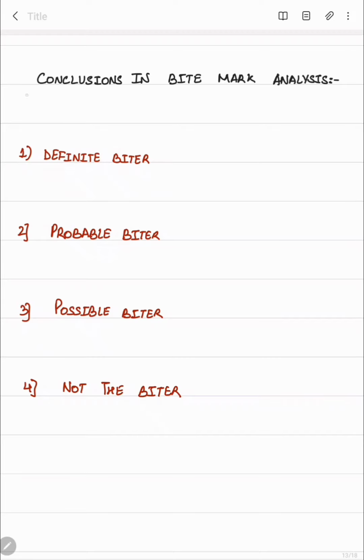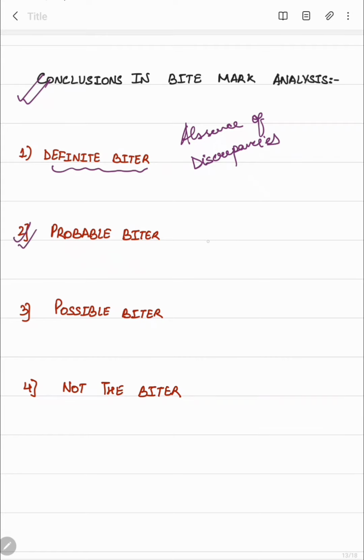Now the conclusions in bite mark analysis. There are 4 conclusions. The first one is definite biter. In this case, there are characteristic matches between the bite mark dimensions or pattern and that of the suspect's teeth, and there is absence of any unexplainable discrepancies.